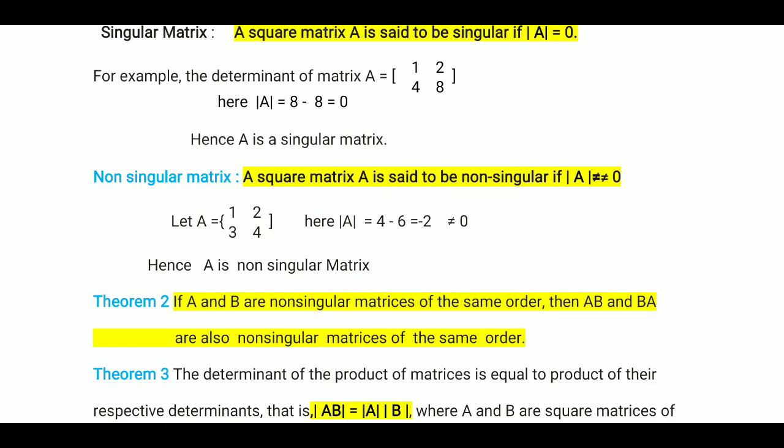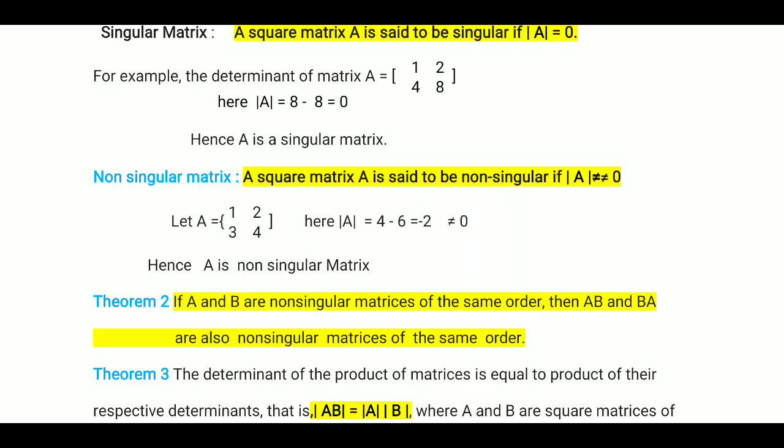Another definition is for non-singular matrix. A square matrix A is said to be non-singular if its determinant value is not 0. If the determinant value of any matrix is not 0, it is called non-singular. Here is a simple example. Having elements 1, 2, 3, 4, we get the determinant value, that is minus 2, which is not 0.